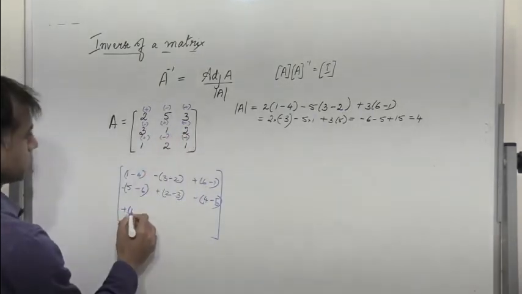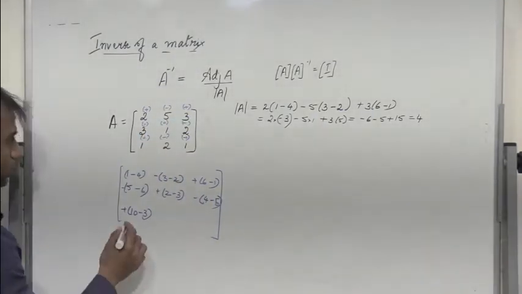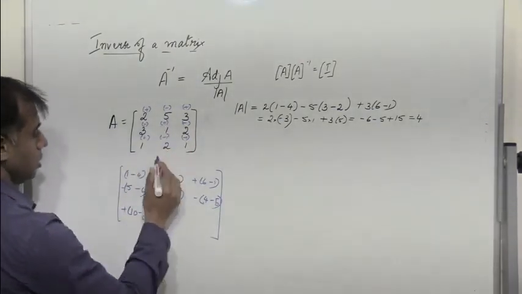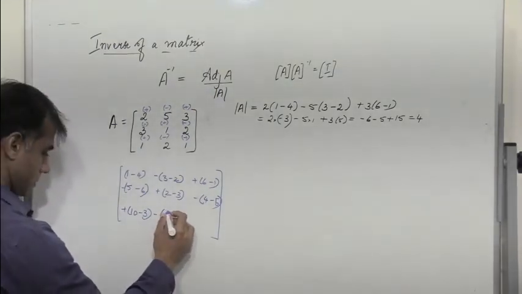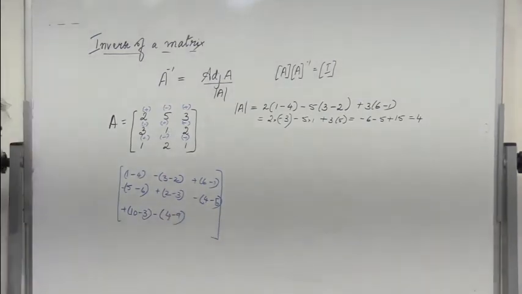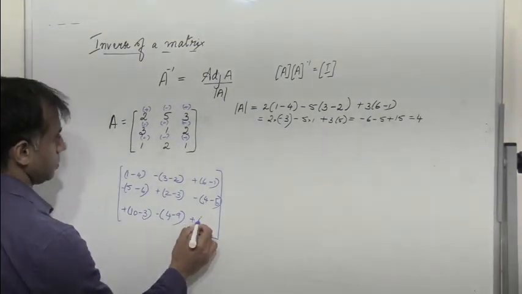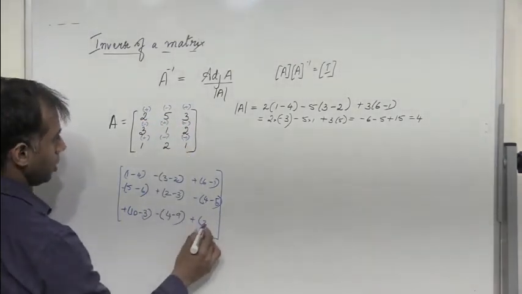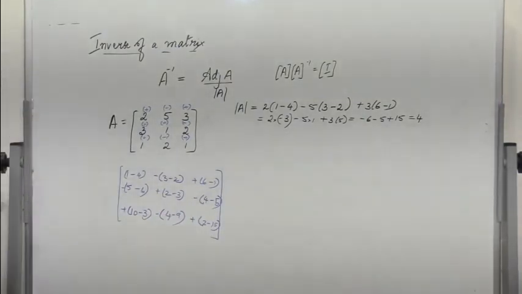So it is 5 into 2, 10 minus 1 into 3, which is 3. Next, leaving the second column and the third row, 2 into 2, 4 minus 3 into 3, which is 9. And with a plus sign, leaving the third row and the third column, 2 into 1, 2 minus 3 into 5, 15.